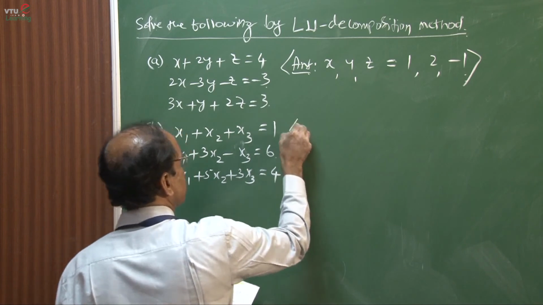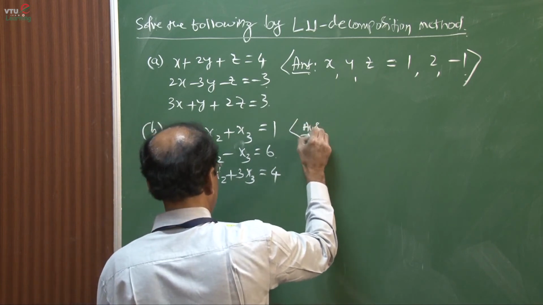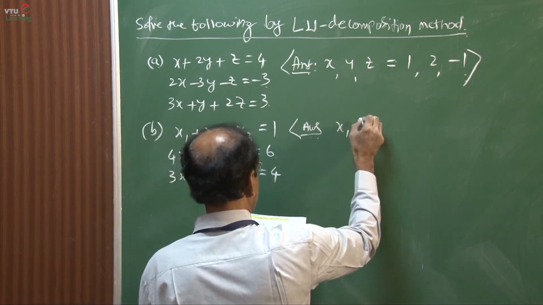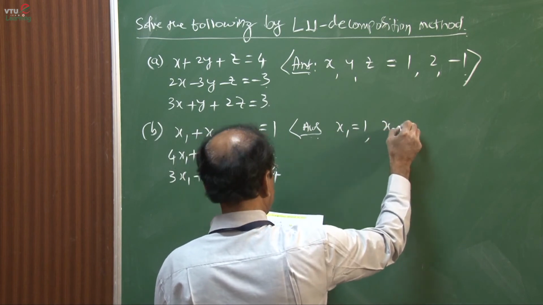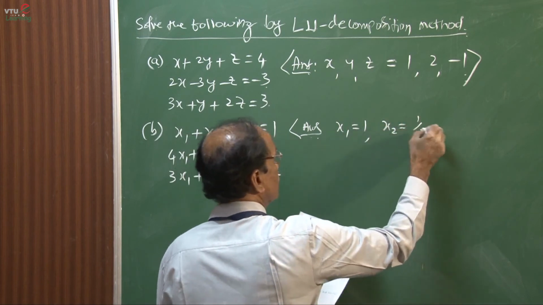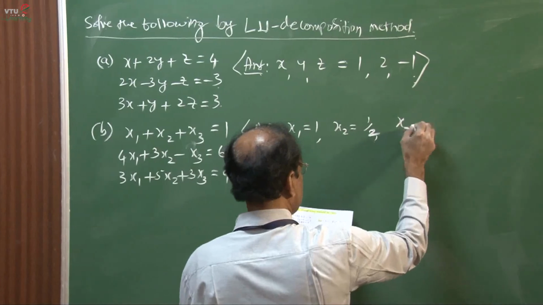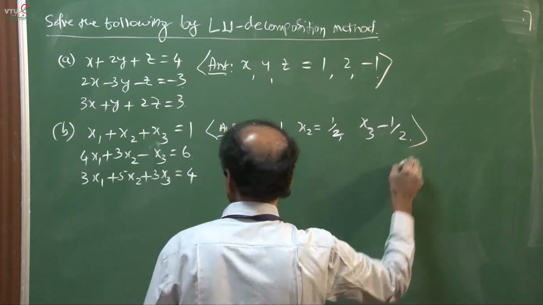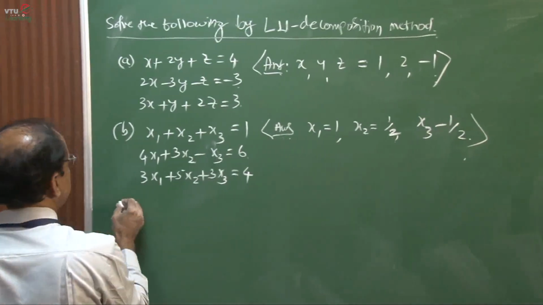For this, the answer is x1 equal to 1, x2 equal to 1 by 2 and x3 equal to minus 1 by 2. This also you can check.